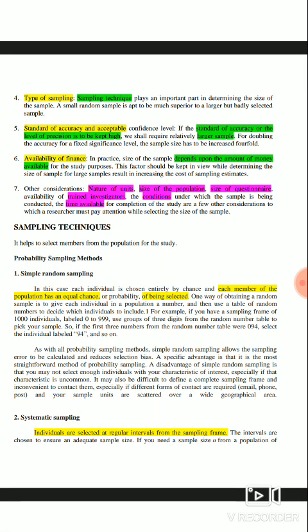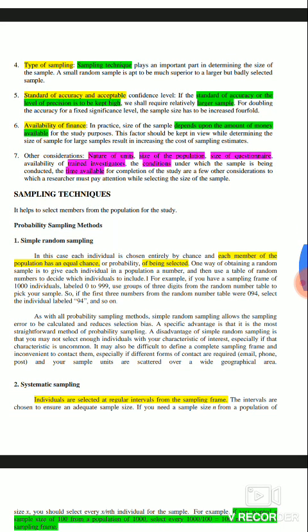It also plays a vital role in deciding sample size. If a researcher has enough money, they will spend it to take more samples, or otherwise they can take only a few samples.